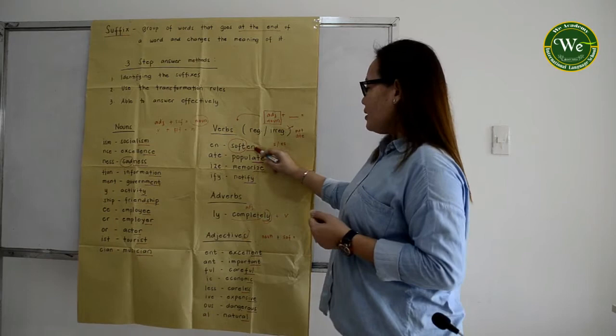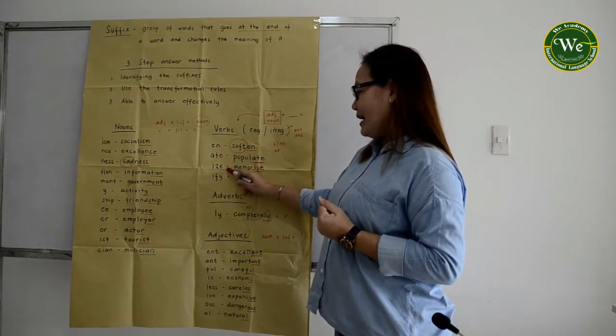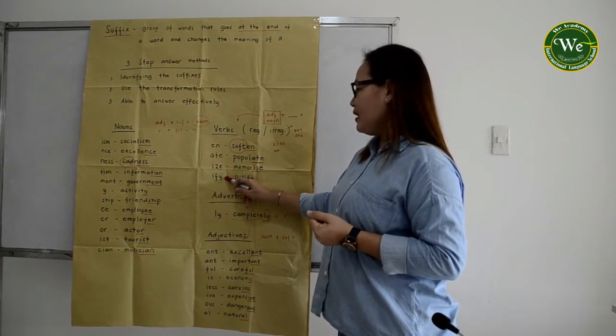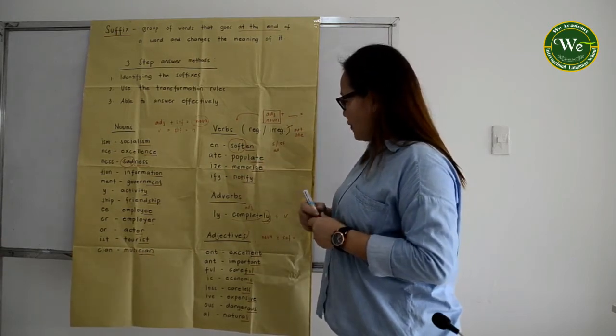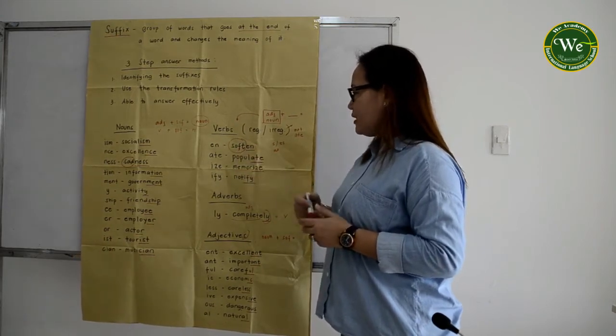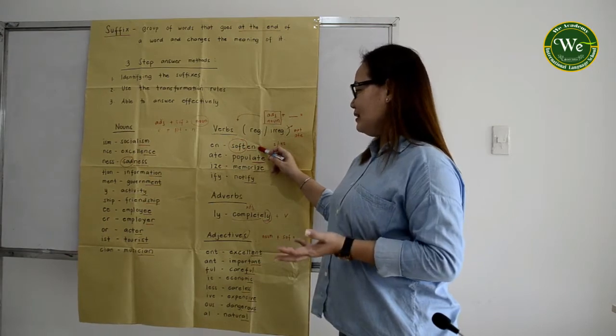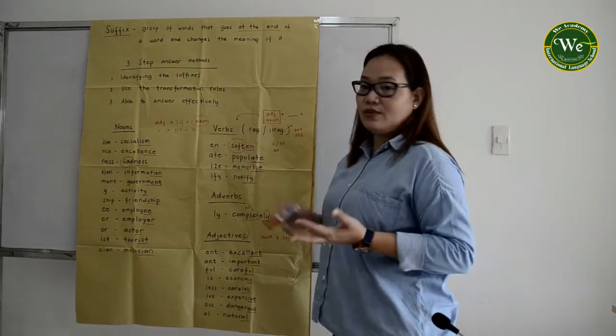So we have here en, ate, ize, and ify. From what you can see here, I have encircled this one. So soft is an adjective. Added with the suffix en, it turns into a verb.